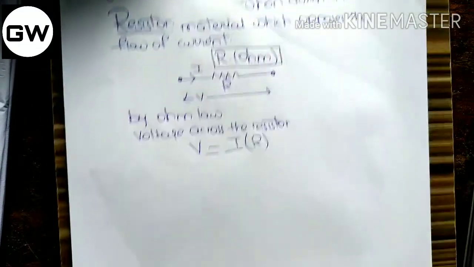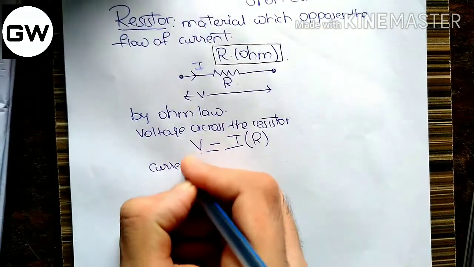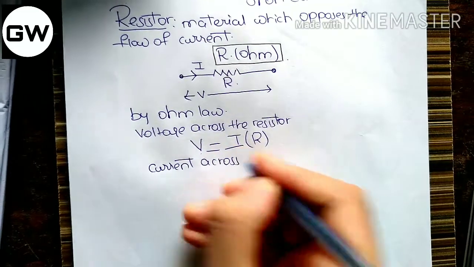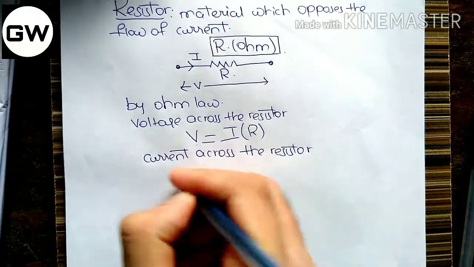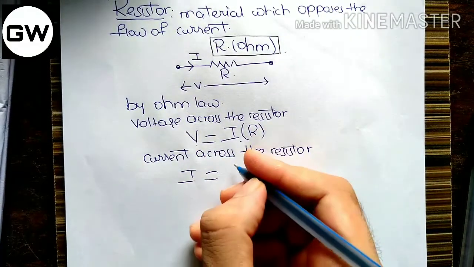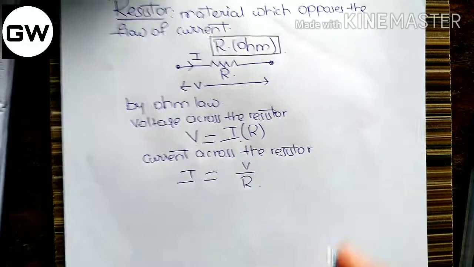V is equal to I into R, and the current through the resistor I is equal to V by R, right?